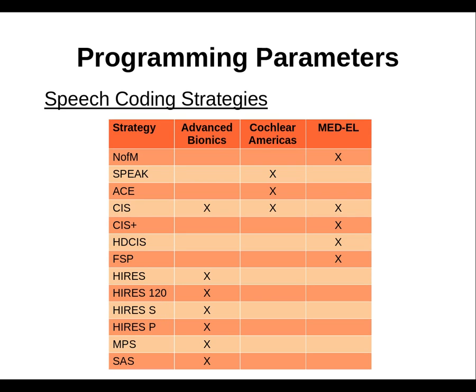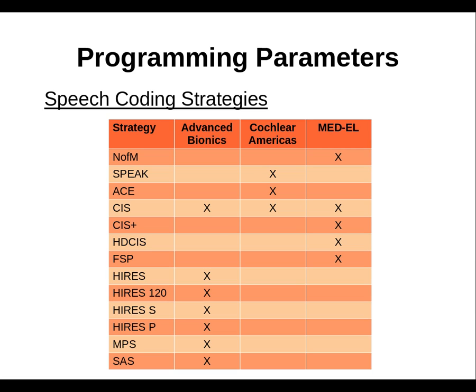Here is a listing of the variety of different speech coding strategies available in the three cochlear implant manufacturers in the United States. So you can see that there are many more cochlear implant coding strategies than there are, say, hearing aid prescription algorithms.